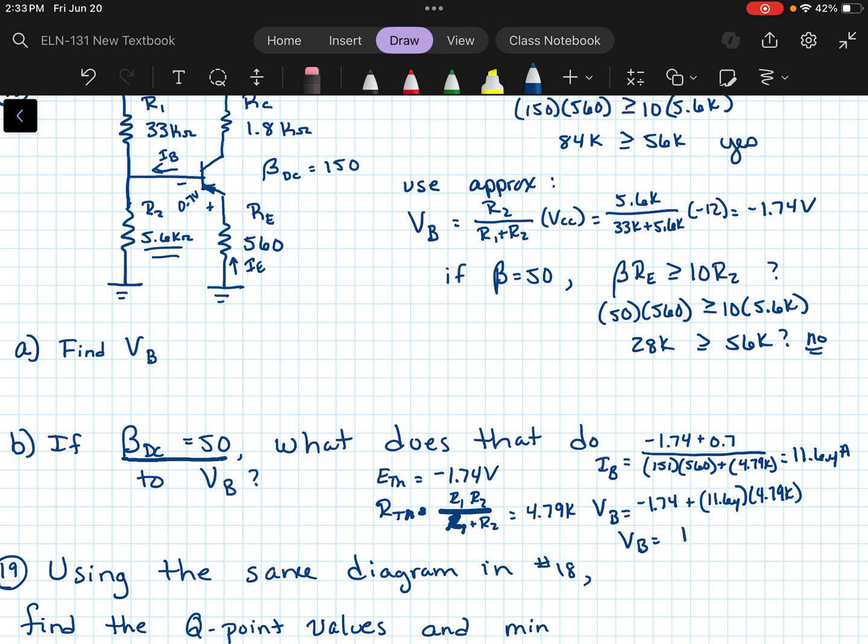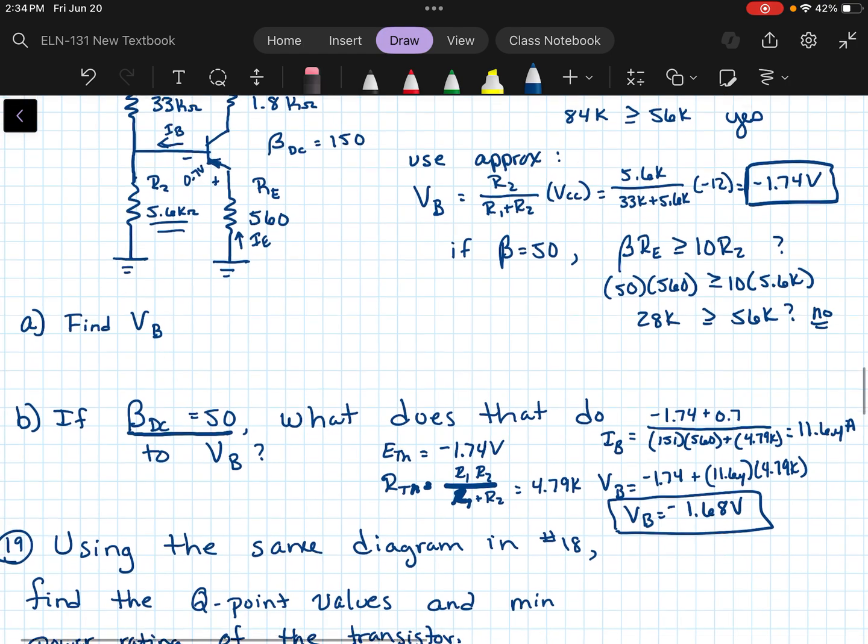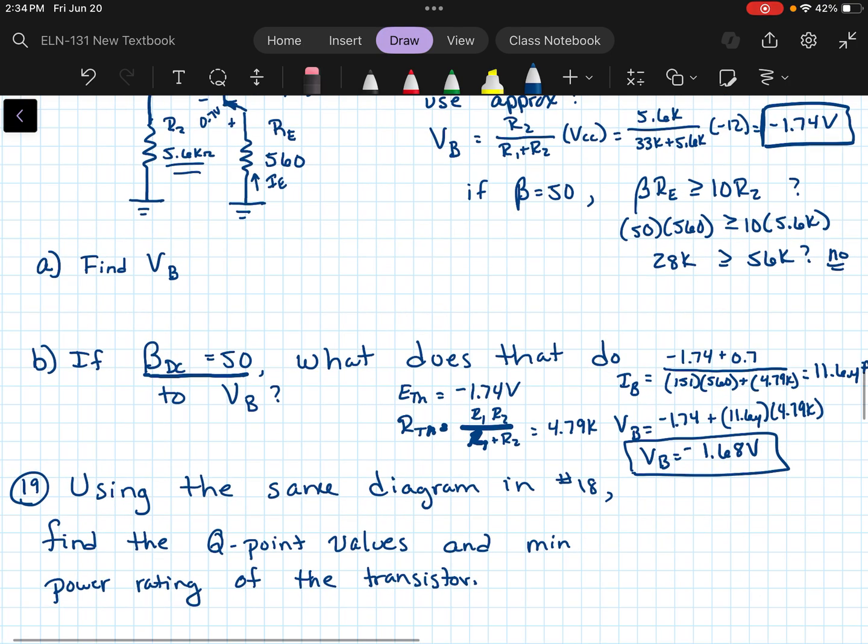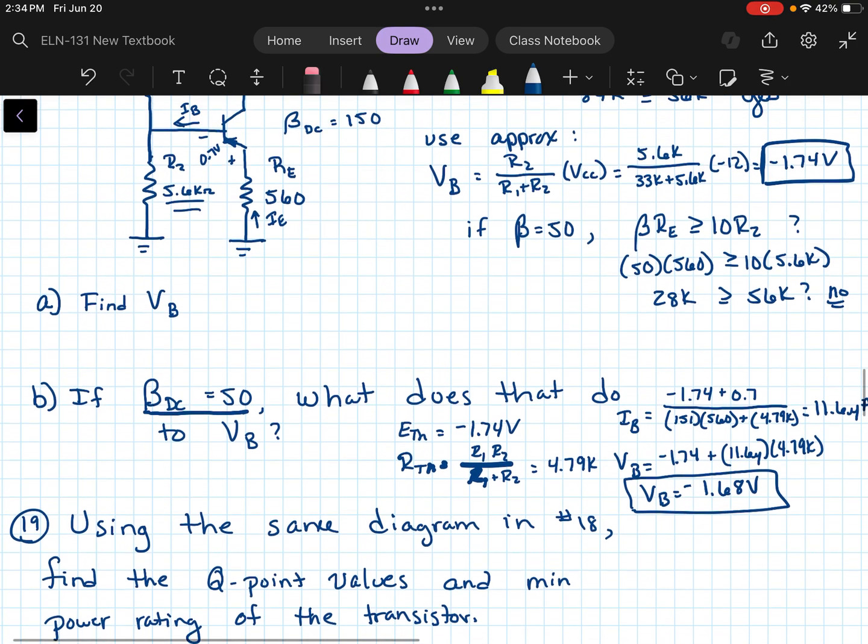So it would be about 1.68 volts, negative 1.68. So would it change it? A little bit, yes, but not a lot. I mean, we're still looking at like 5 to 6 millivolts, or actually 50 to 60 millivolts. So a very small amount of voltage. It would make a difference, but not a big difference.